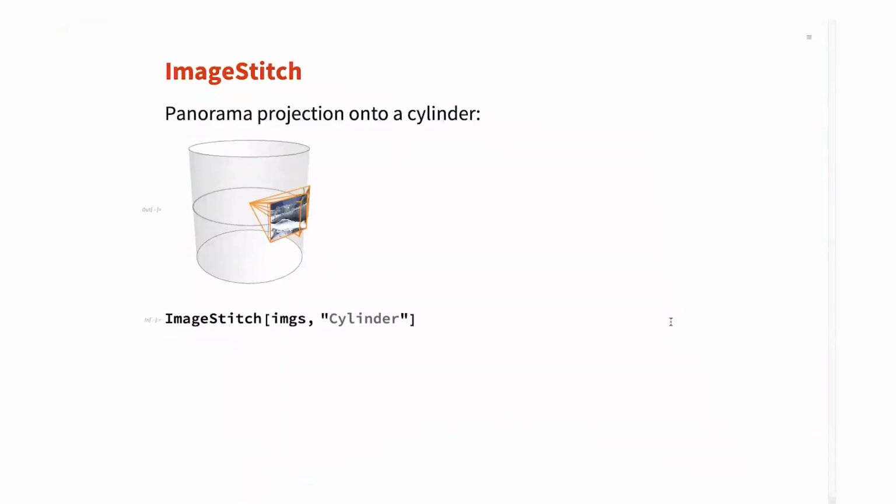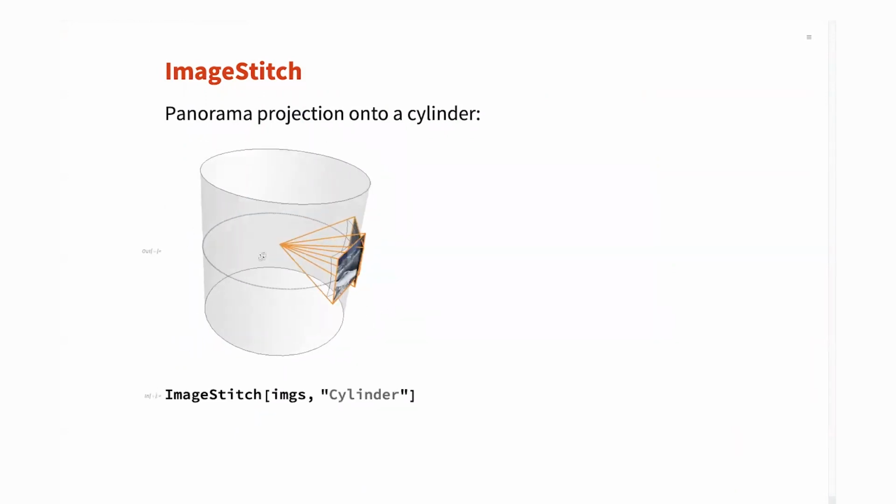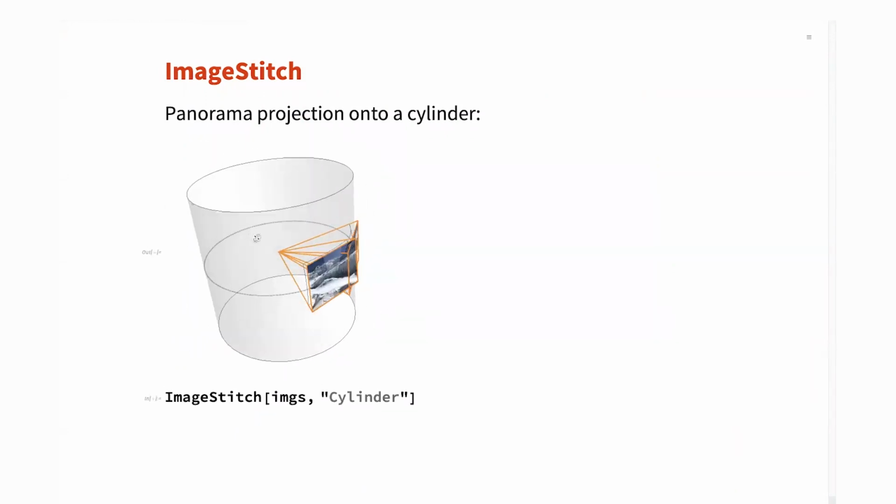So the next approach would be, especially if you have a panorama, like with your smartphone, that you scan the surrounding, that you project instead of onto a plane, you project onto a cylinder. So that is the corresponding geometry of the canvas.